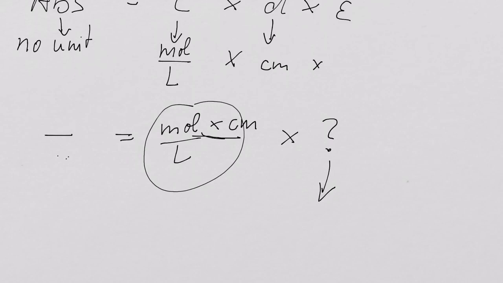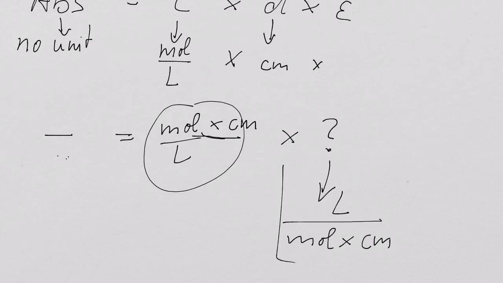Otherwise, we wouldn't get no unit there. So this thing has liter per mole and centimeter. Looks like a weird unit, but hey, life is weird. Okay, so that is the unit for an extinction coefficient.